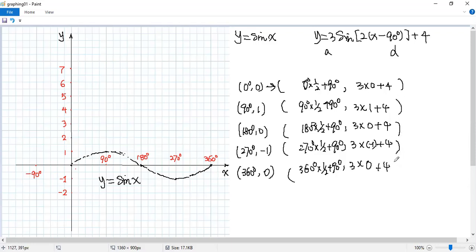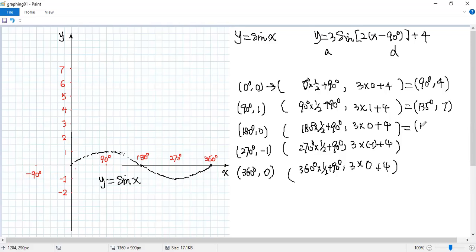Now let's simplify these coordinate expressions. So the first one, 90 degree, 4. The second one, 135, 7.